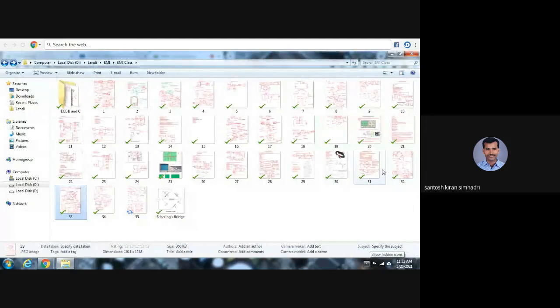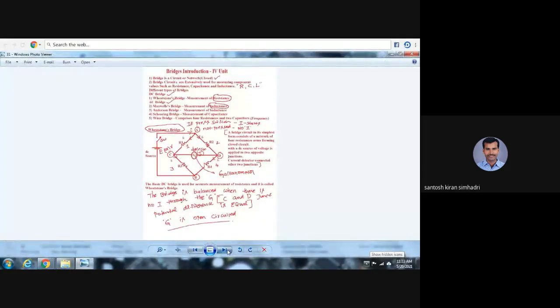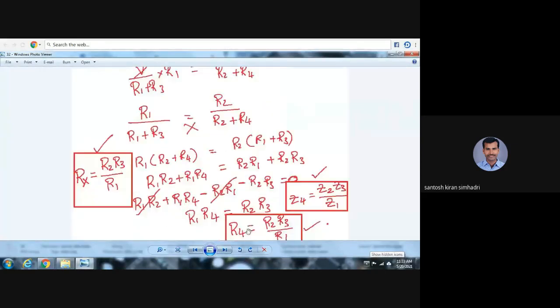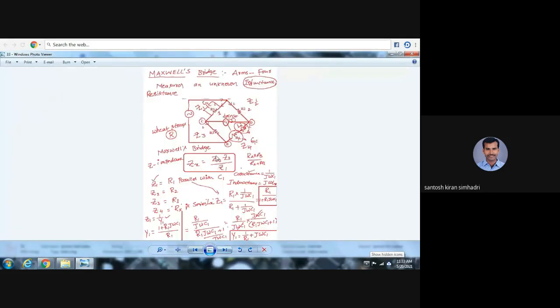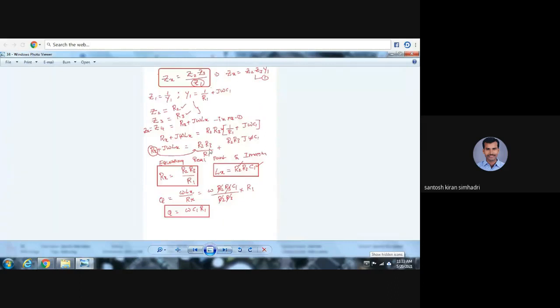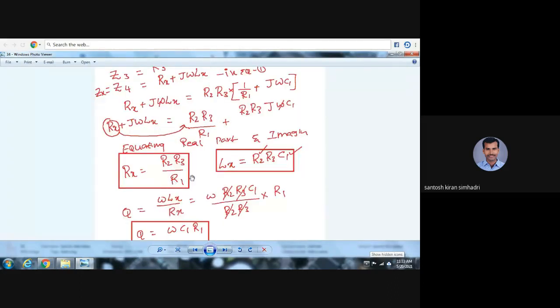First I will start with the Wheatstone bridge. I have to find out Rx. Rx equal to R2 into R3 by R1. Now coming to Maxwell's bridge, Rx equal to R2 into R3 by R1, then Lx equal to R2 into R3 into C1.